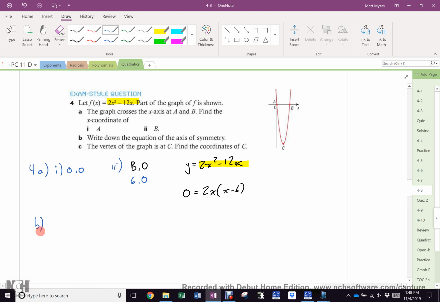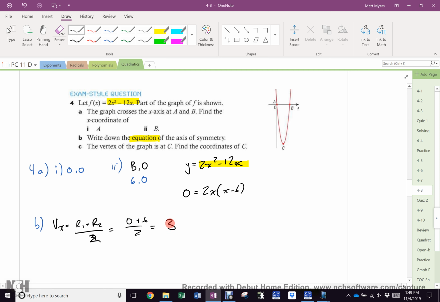So B. This is something that professors and teachers and things like to do to mess with your heads. Write down the equation of the axis of symmetry. What is the axis of symmetry? Has to be 3, right? Why? The vertex x equals root 1 plus root 2 divided by 2, right? 0 plus 6 divided by 2 is 3.